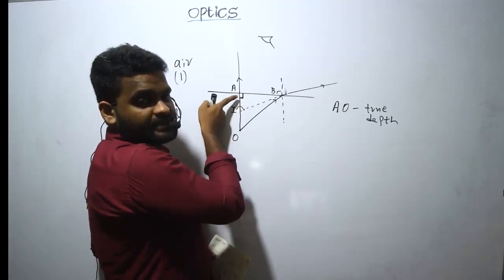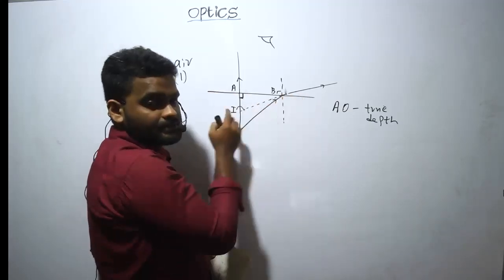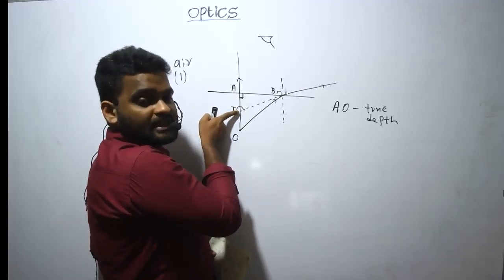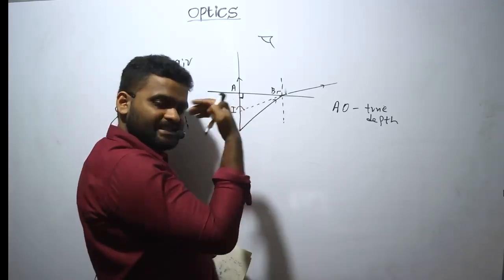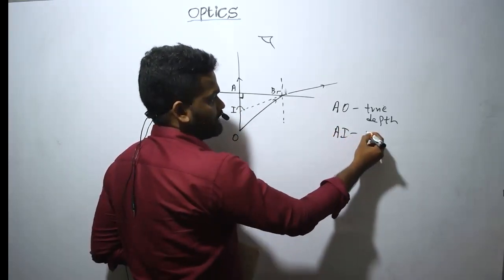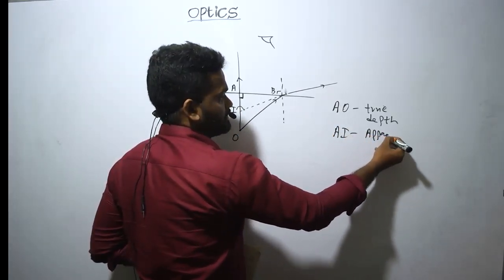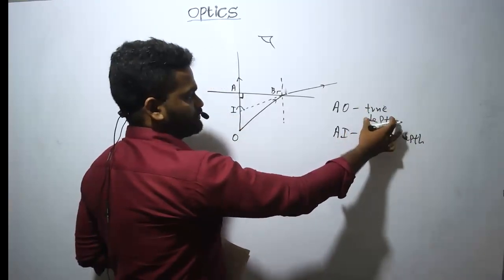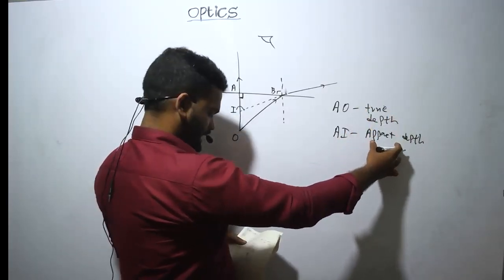This is the distance to the image from the interface. So AI is what we call apparent depth. This is the depth we see, apparent to us. So that is AI, apparent depth. And AO is the true depth or real depth.